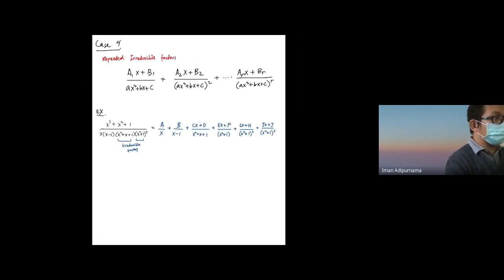Okay, now the next part in our chapter 7 is what we call the improper integral. This is 7.7 in your textbook.